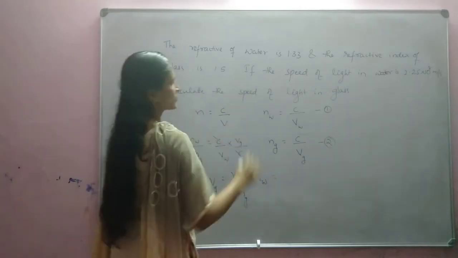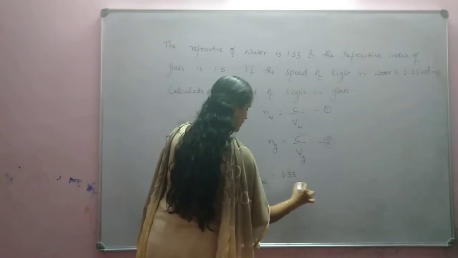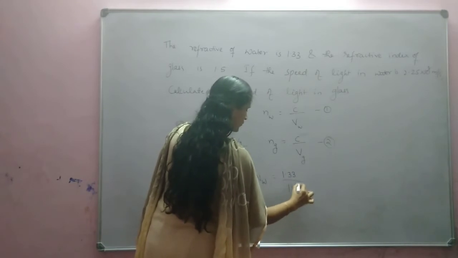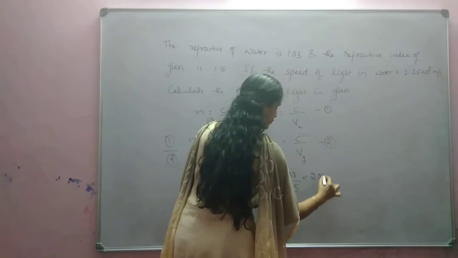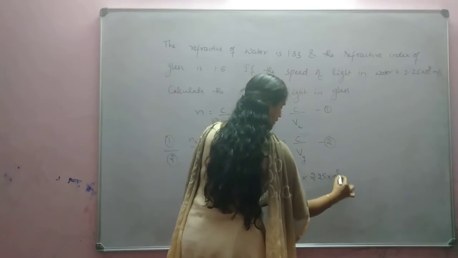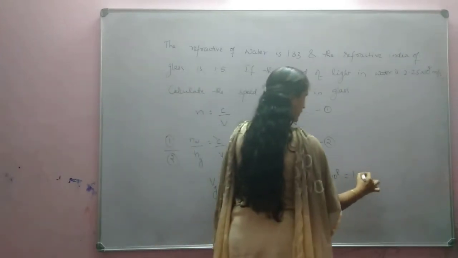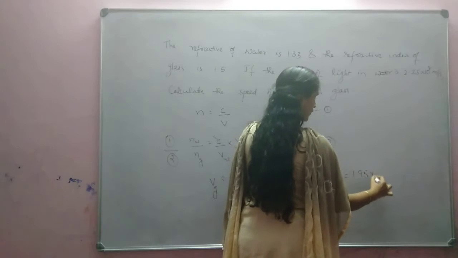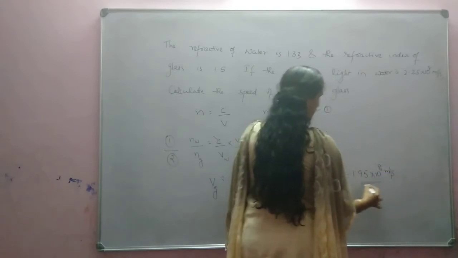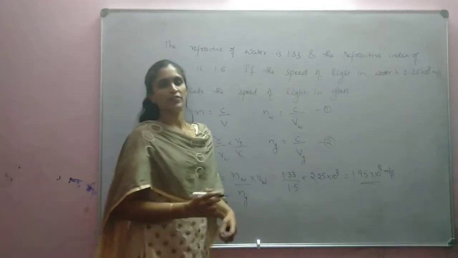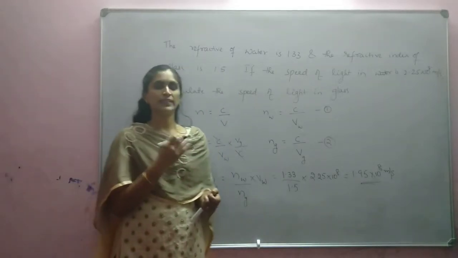Nw, refractive index of water, is given 1.33, divided by 1.5, into 2.25 into 10 raised to 8. If you simplify, you will get approximately 1.95 into 10 raised to 8 meter per second. Clear? Now we will discuss the next problem.